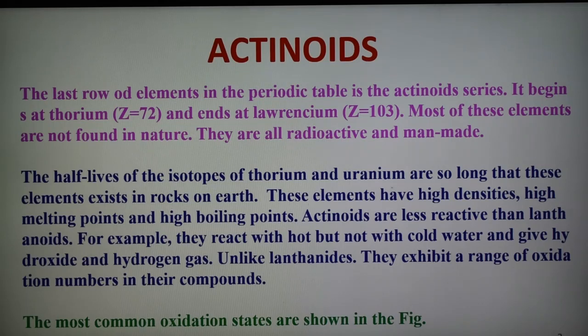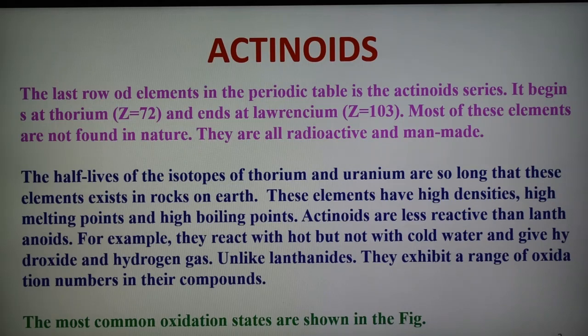The chemistry of actinoids is more complicated due to the existence of a greater range of oxidation states for these metals. All these metals are radioactive, and therefore their accessibility for laboratory investigation is limited. The elements beyond uranium are all man-made elements and are made by nuclear chemical methods.